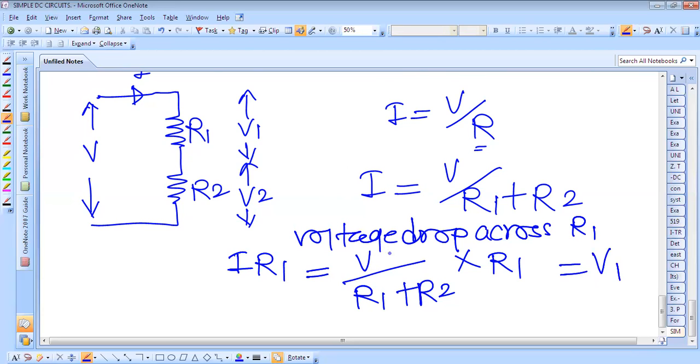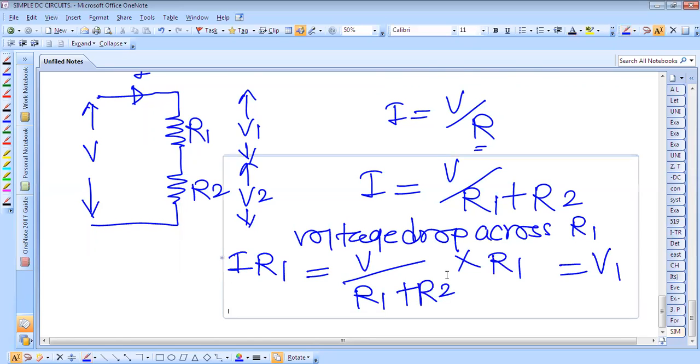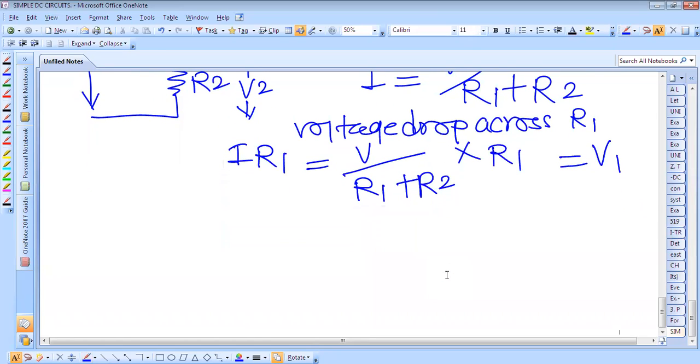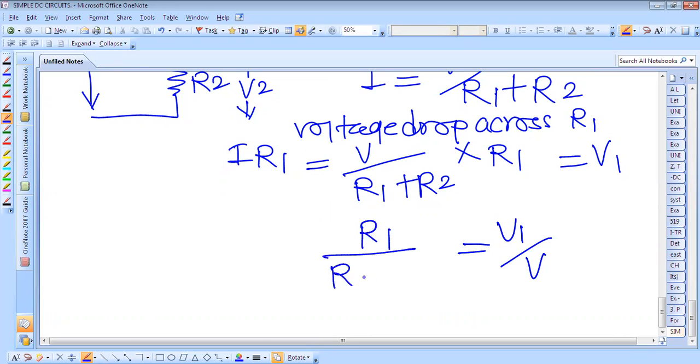Hence we can write V1 by V is equal to R1 by R1 plus R2.